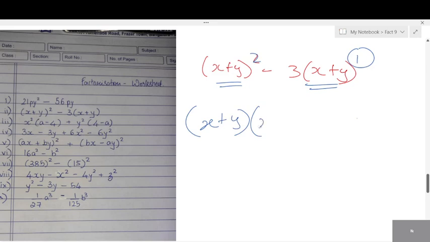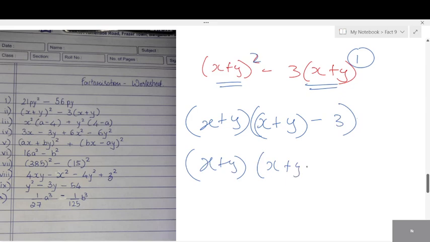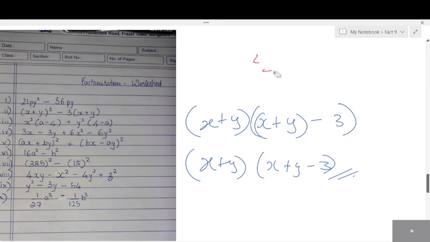In the bracket, what do you get? x plus y into x plus y minus 3 is the answer. We have a lot of questions, we can't keep solving all of them. Practice only these.